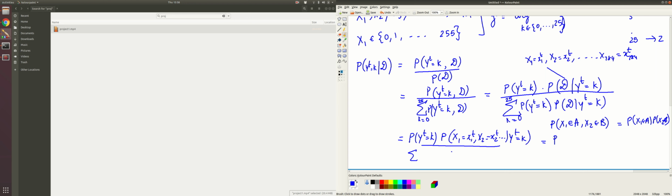So this is going to be the probability of yt equal to k, times the product over i, from 1 to 784, of the probability that the ith random variable is equal to small xit, given that yt is equal to k, divided by the entire same thing in the denominator, where you have to try out all possible k that can happen.